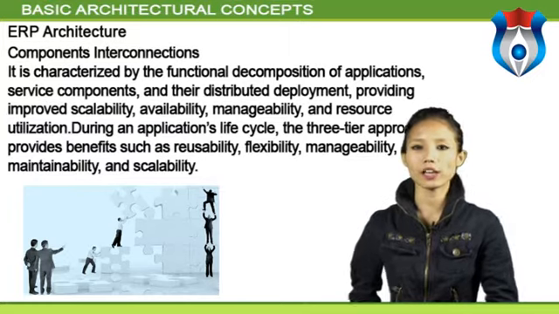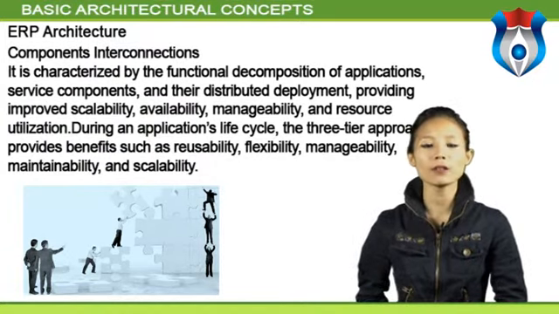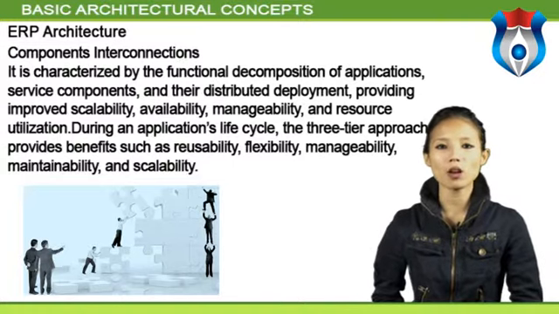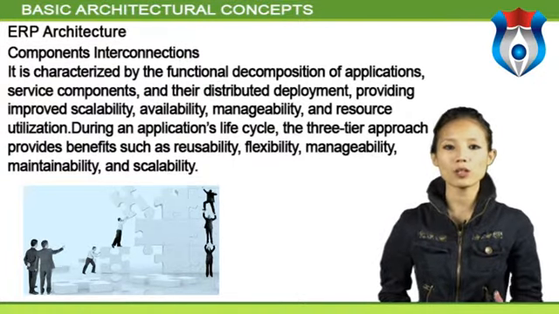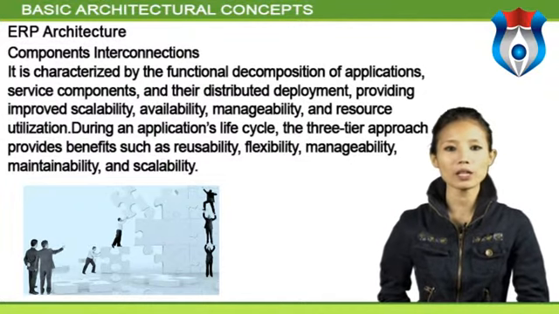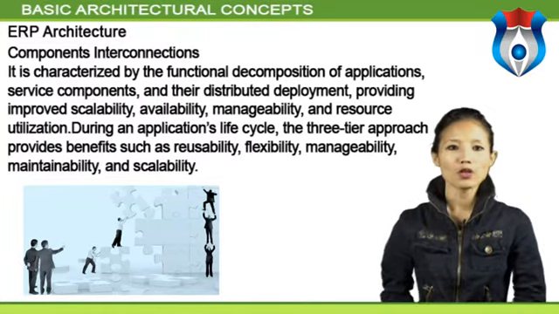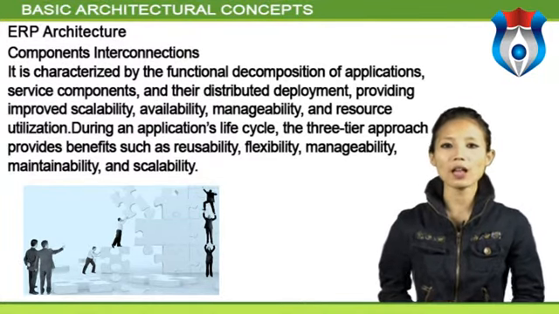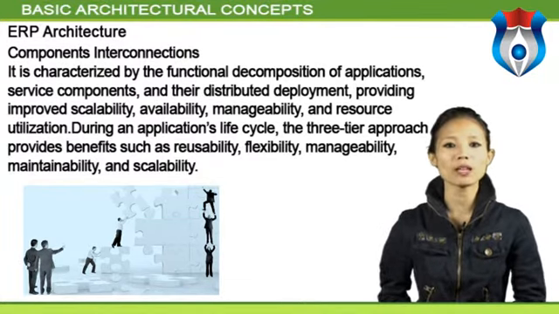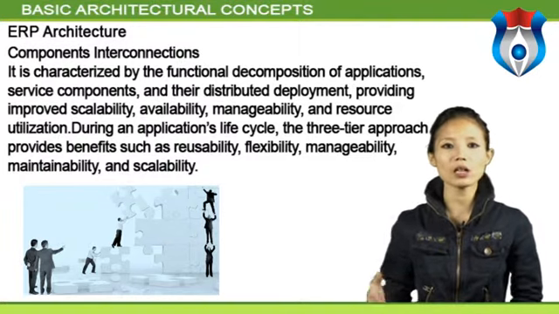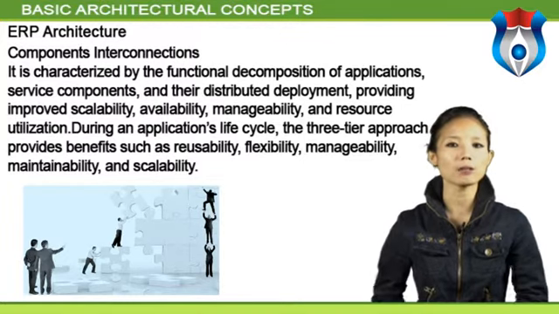Components interconnections. It is characterized by the functional decomposition of application service components and their distributed deployment, providing improved scalability, availability, manageability, and resource utilization. During an application's life cycle, the three-tier approach provides benefits such as reusability, flexibility, manageability, maintainability, and scalability.